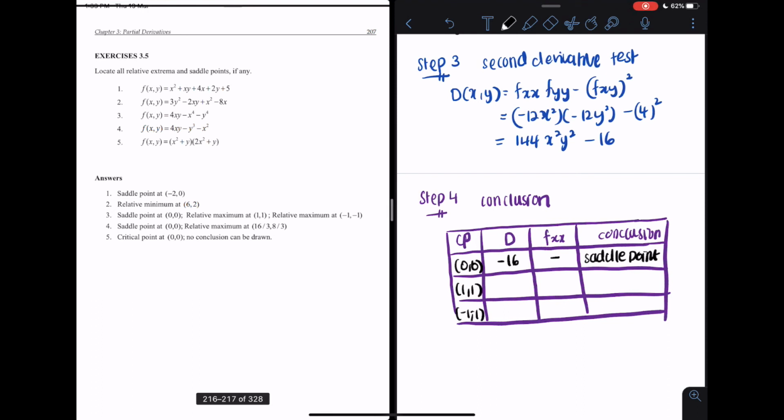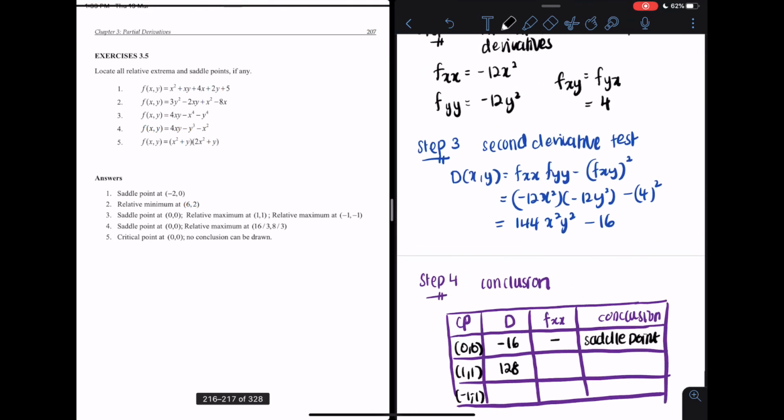Then go to the next critical point, which is (1, 1): 144 times 1 times 1 minus 16. You get 128. Since the value of D is positive, there are two conclusions that you can achieve when D is larger than 0. You have to check for fxx.